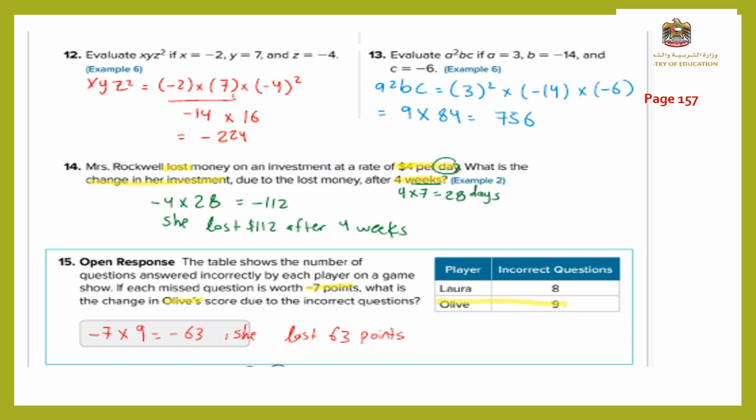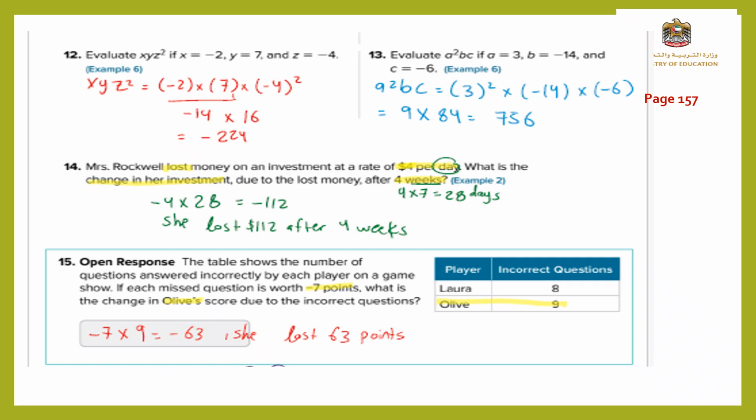See here, evaluating integers. Here they have given you x, y, z squared. So x is -2, y is 7, z is -4. Be careful about this negative number squaring. So x is -2, y is 7, z squared means -4 squared, including this negative.